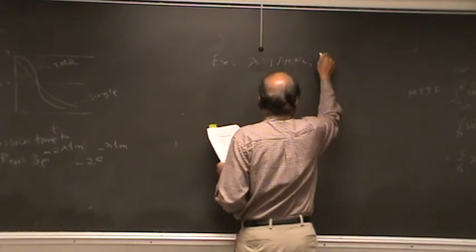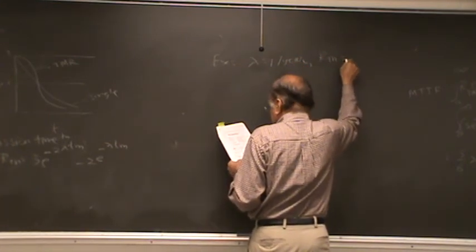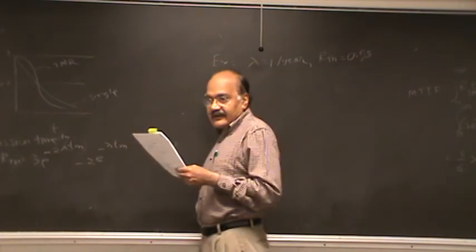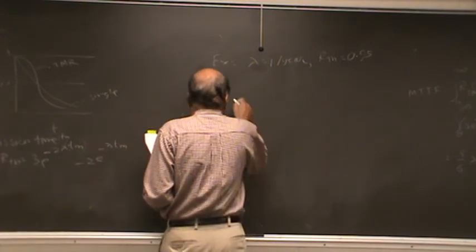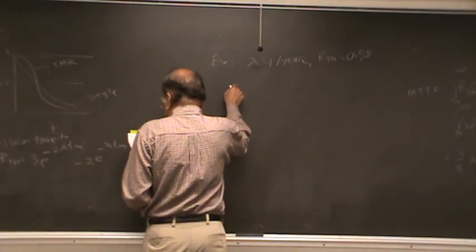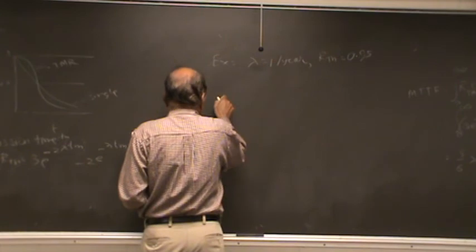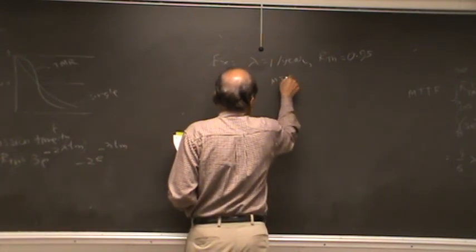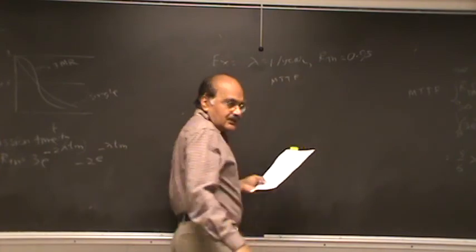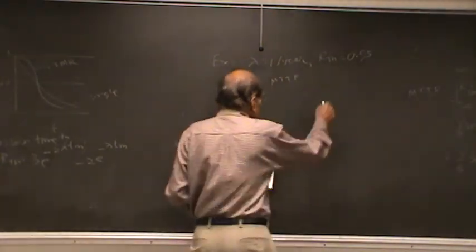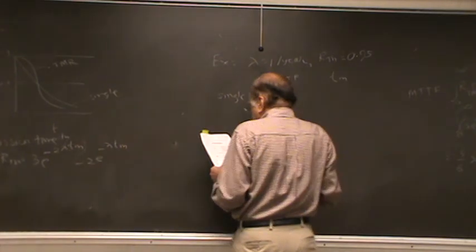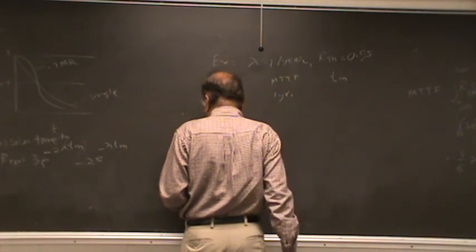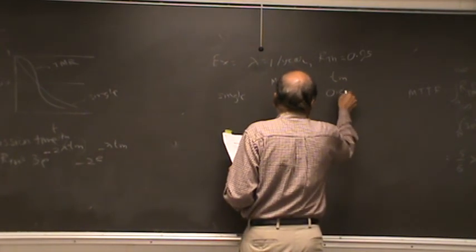And let us assume that the threshold reliability is equal to 95%, 0.95. Then, for a single module, your MTTF, let me give you the results in the form of a little table, is equal to 1 year, obviously, and Tm is equal to 0.05.